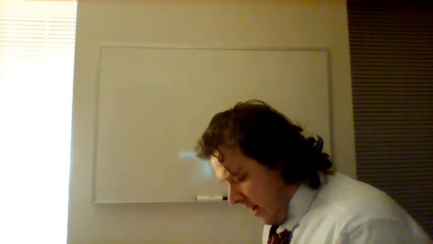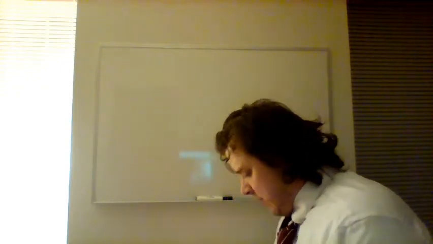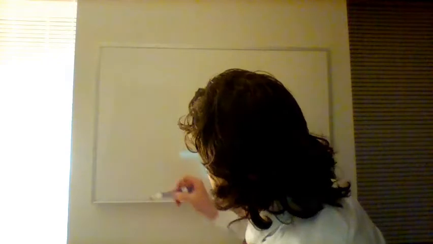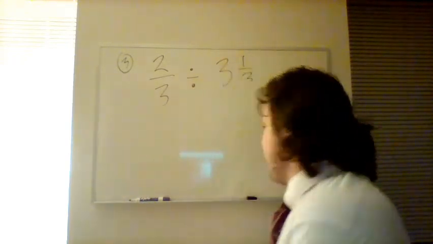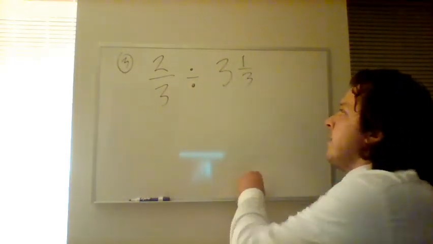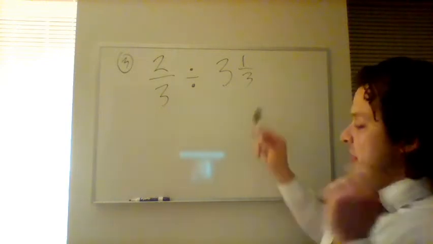All right, I am over on example 3. This is on page 329. In this problem, remember, we're still going to do keep, change, flip. Once again, we have this mixed number, 3 1/3.